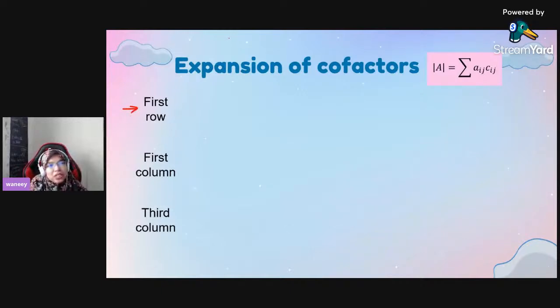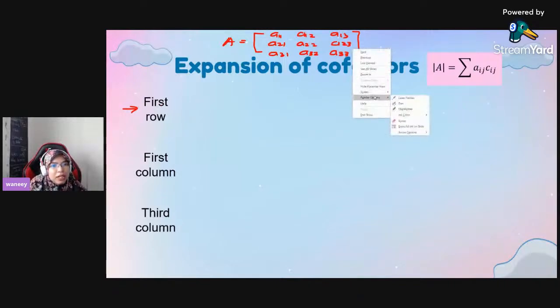Notice that if A is A11, A12, A13, A21, A22, A23, and then A31, A32, A33. So this is a simple matrix A. Saya letak dalam entries lah, A11 until A33. Okay, first row. Where is the first row? Let me change the color a little bit. First row is over here.